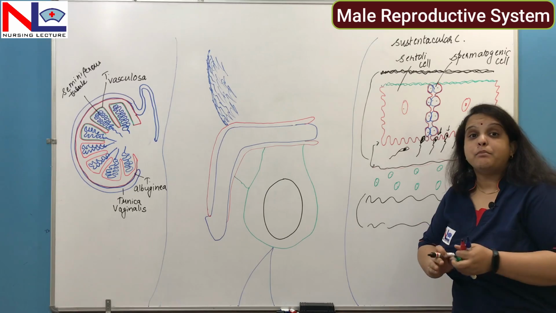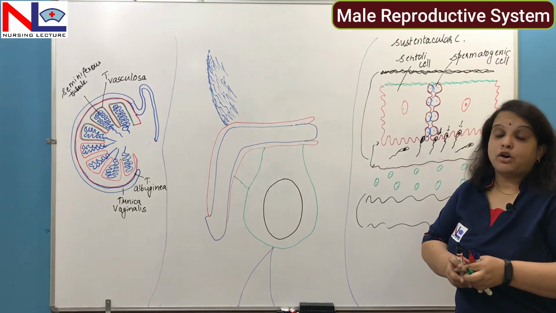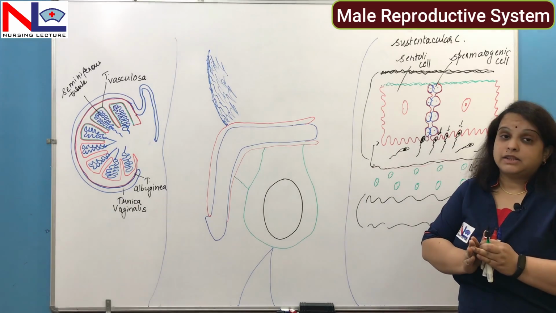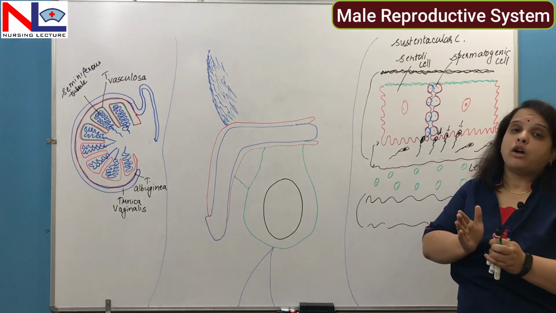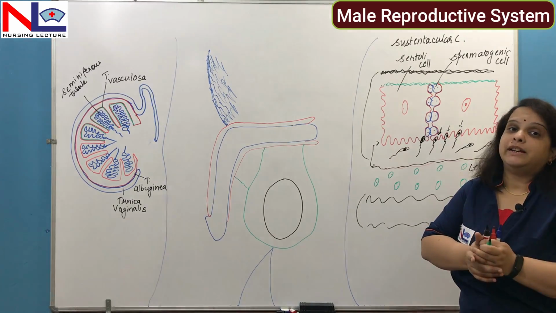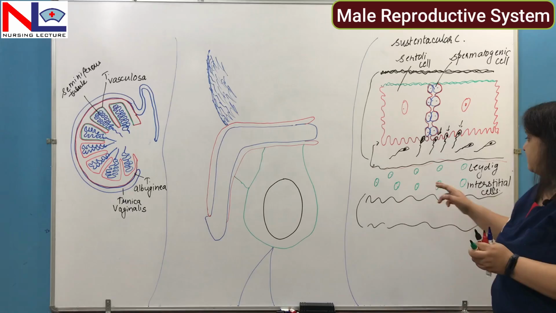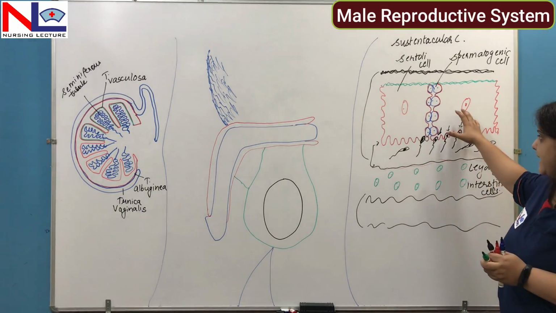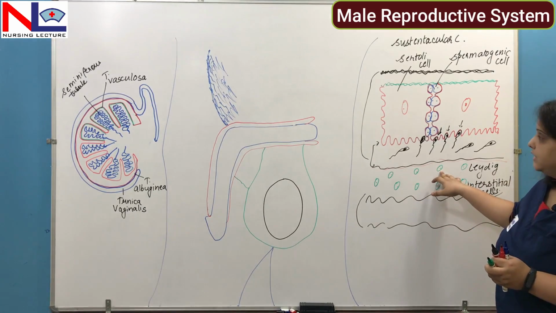They play a very important role in the formation of the male androgen hormone called testosterone. The male hormone testosterone, which is mainly responsible for masculine characteristics, is released by these specialized Leydig cells, which lie in between the seminiferous tubules.